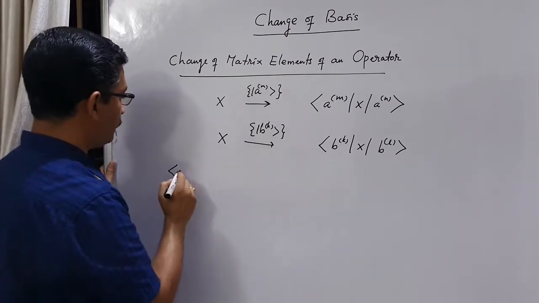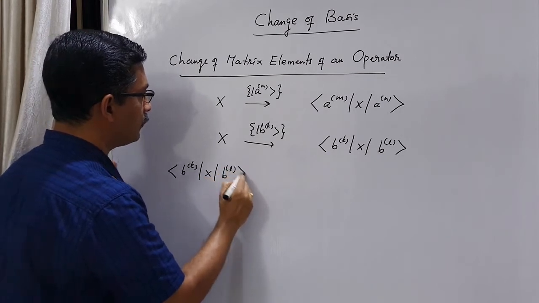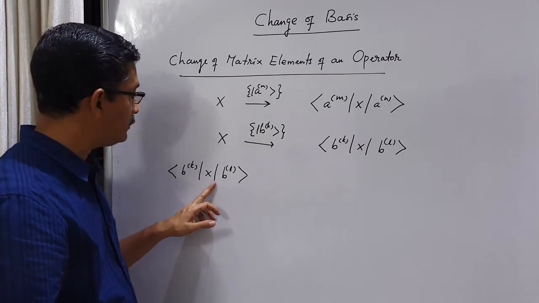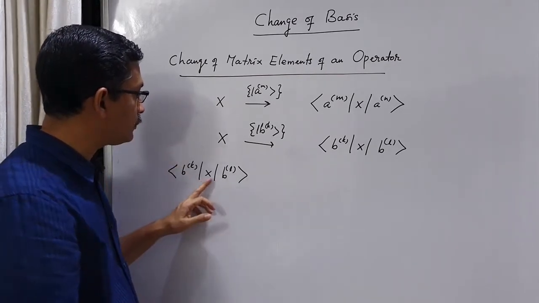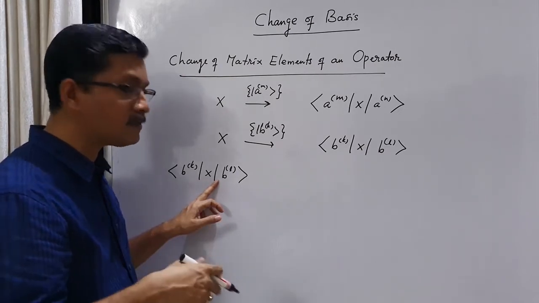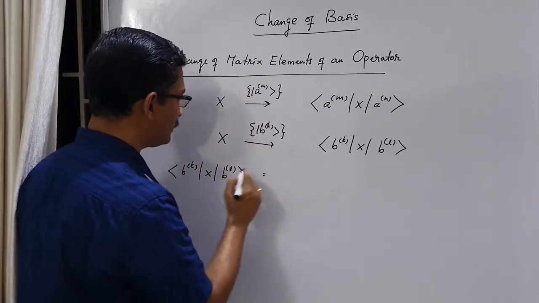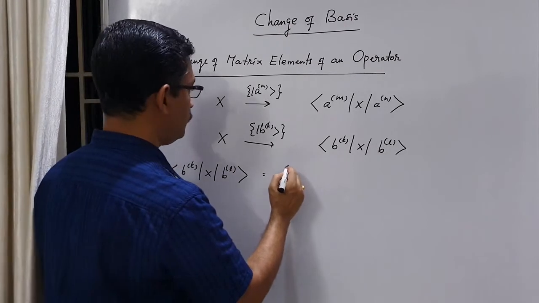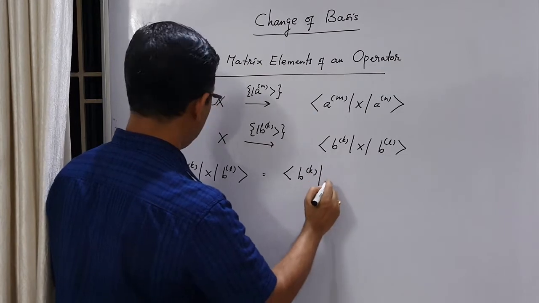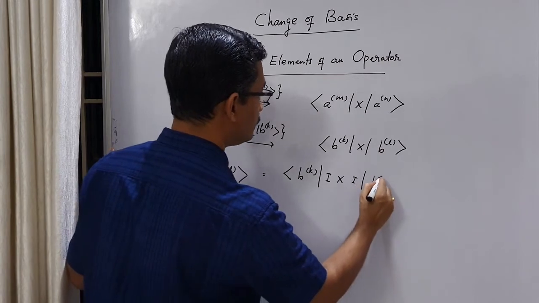Let's start with this BK X BL. Now on either side of X, let me introduce identity, and then I will substitute for this identity the completeness condition of the base vectors. So let us do it like this: BK, identity, X, here also identity, BL.